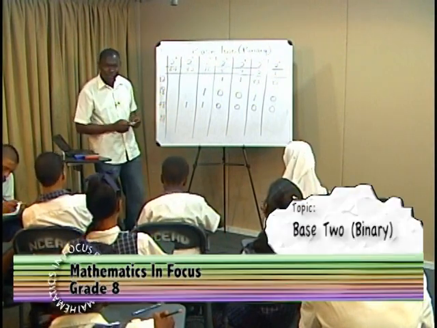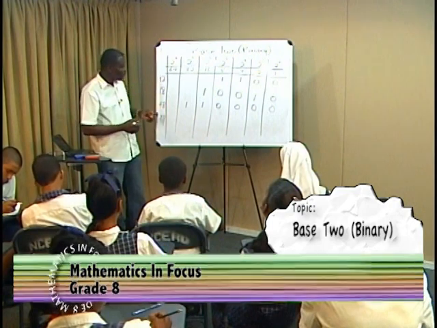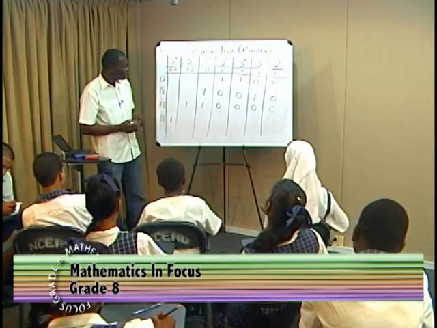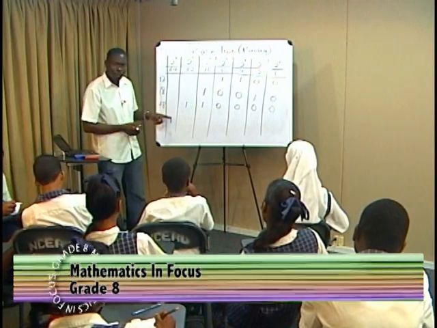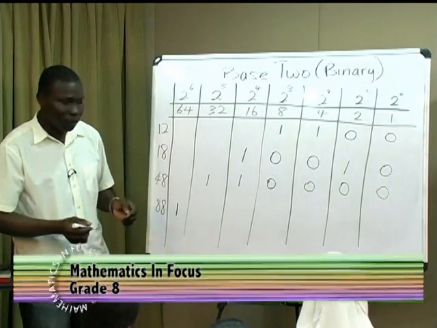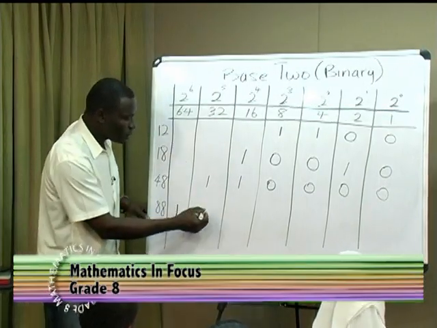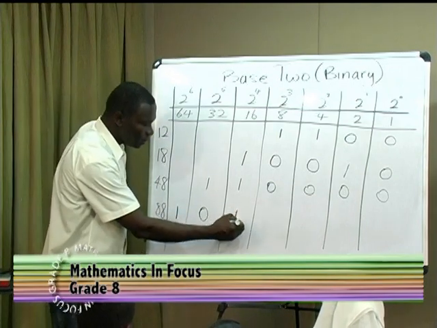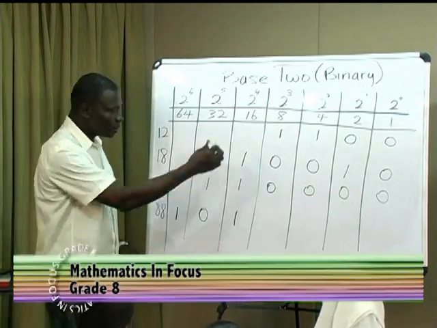What combination? I think definitely we have to get a 64. But if we take 32, that's going to go past 88 because 60 and 30 is 90. So we take a 64, but we can't take 32. 64 and 16 will give us 80. And then we can take an 8.